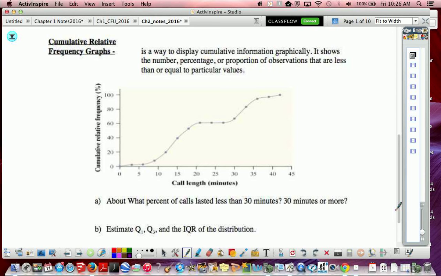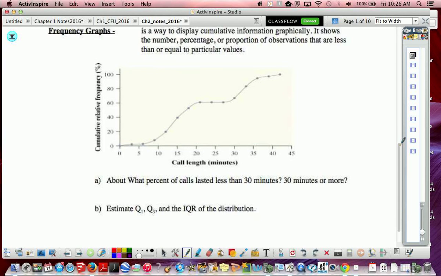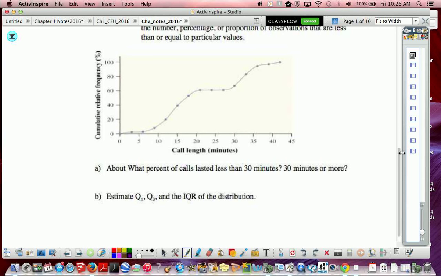So for instance, in question A here, reading this graph, it says at about what percent of calls lasted less than 30 minutes. So what I could do here is look at 30 minutes, go to my graph, go straight across, and estimate about what percentage of the calls lasted 30 minutes or less, because that's what that value actually represents.